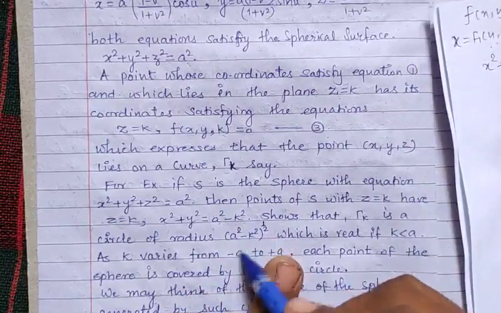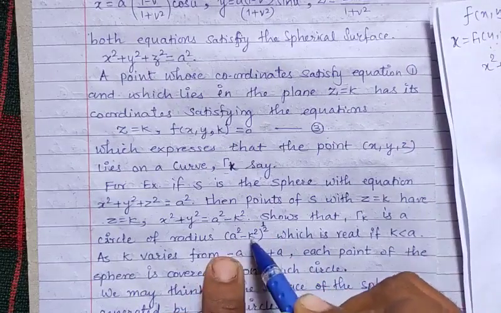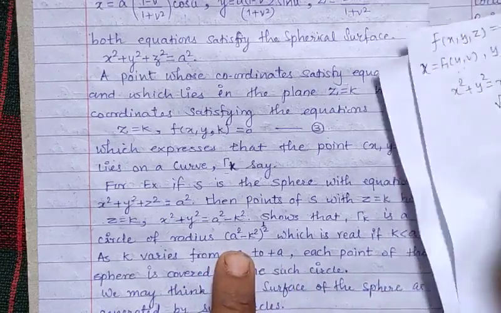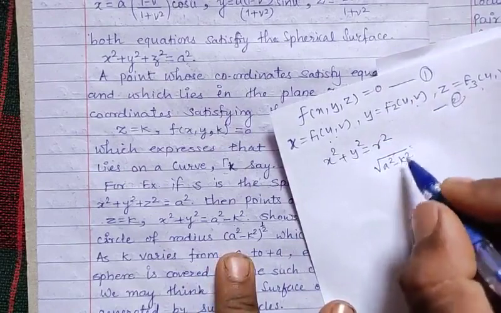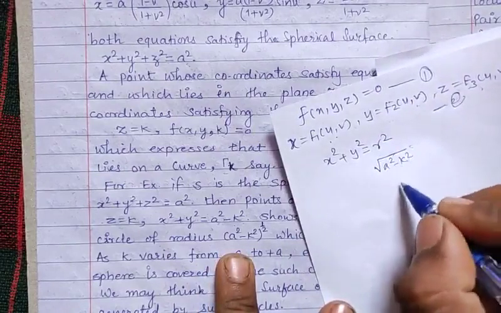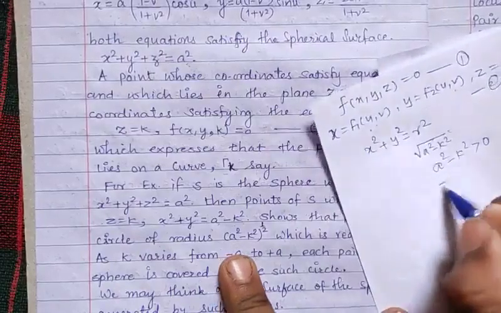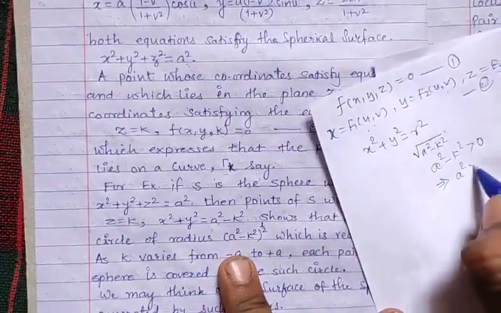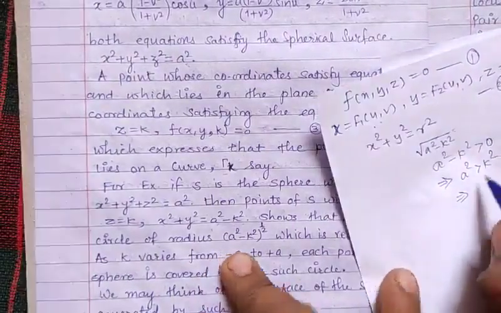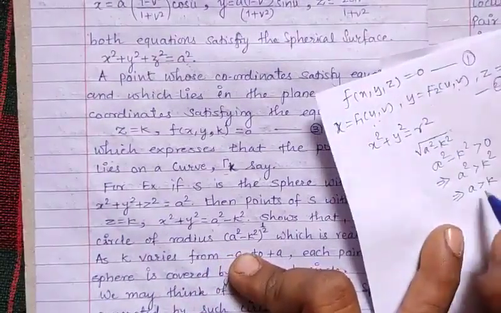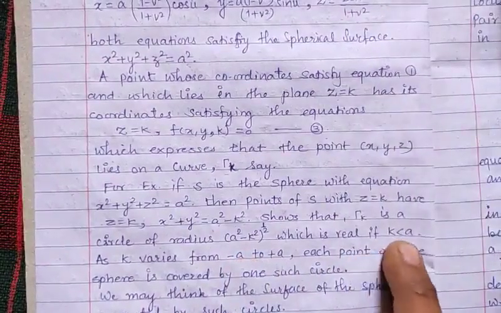This number is real if and only if a square minus k square is positive. That means a square is greater than k square. We want positive roots, so a must be greater than k, that is, k less than a.